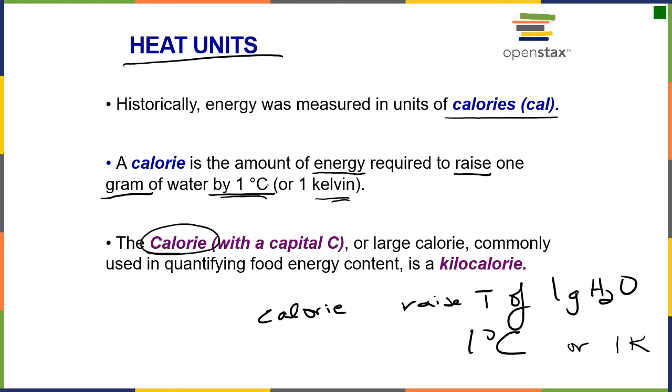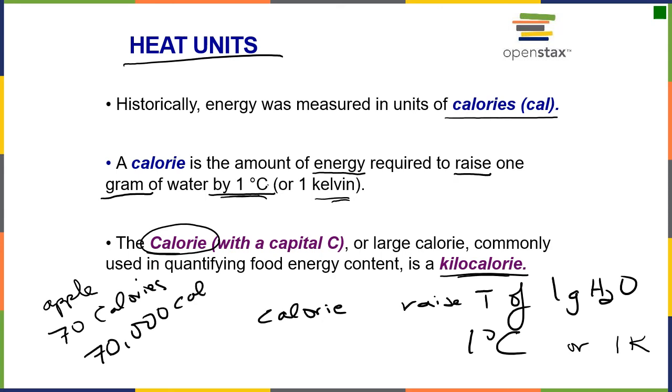Our food is not a normal calorie, it is a capital C Calorie, which is also a kilocalorie. So if you have an apple that contains 70 Calories, being capital C, that is 70,000 lowercase c calories, and it says you could raise the temperature of 70,000 grams of water 1 degree Celsius with the heat that is stored in the bonds of the apple.